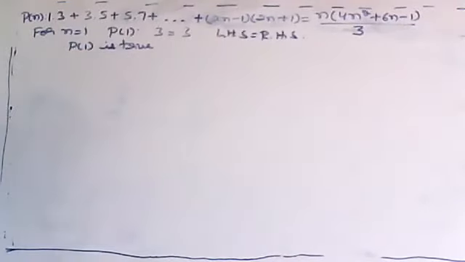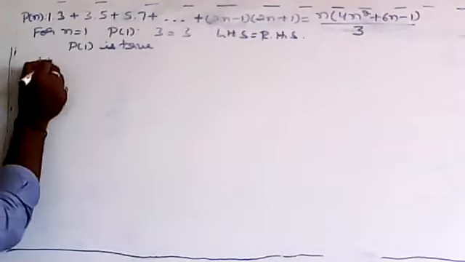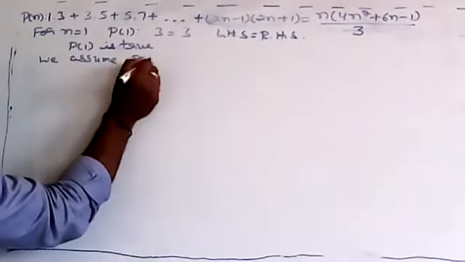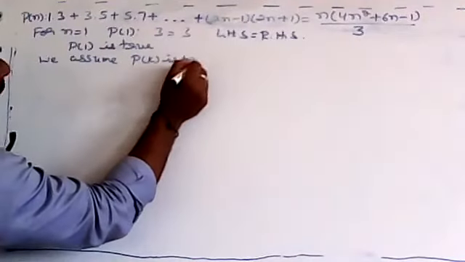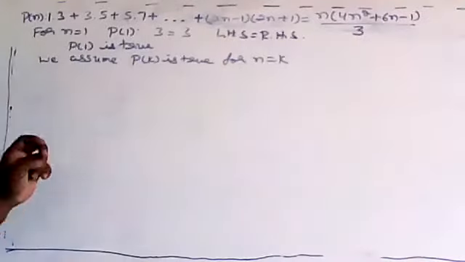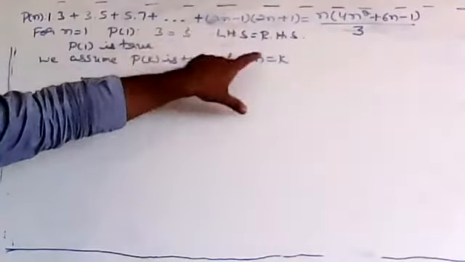In the same way, we move on to the next step. We have to assume that P of k is true for n is equal to k. It means in the given equation, replace n by k.